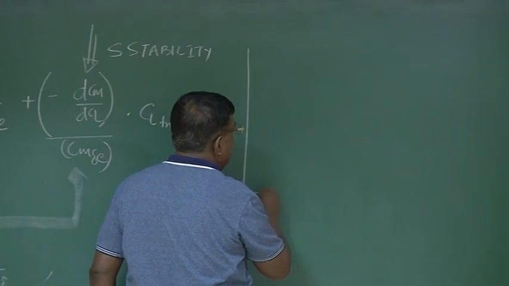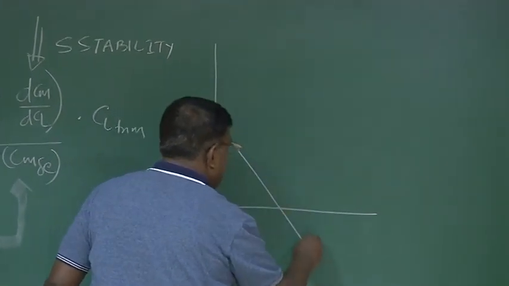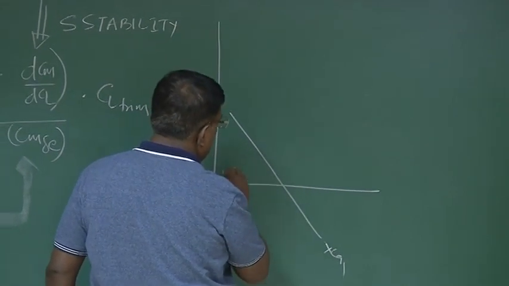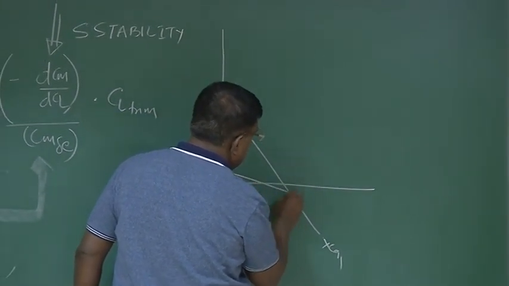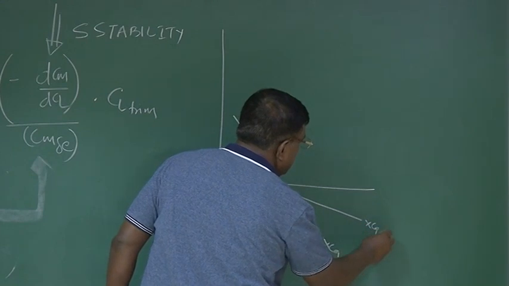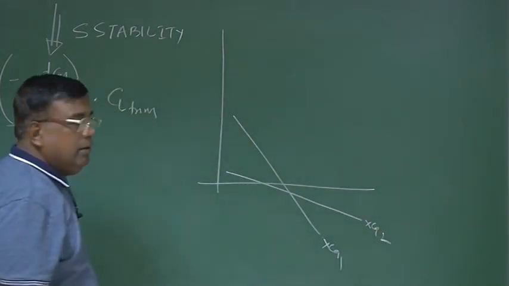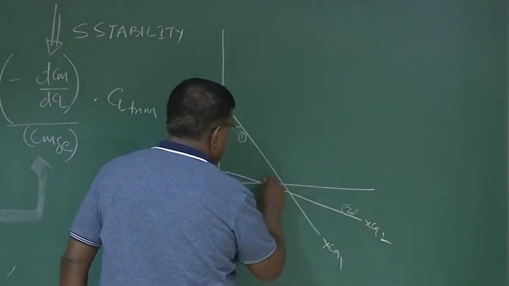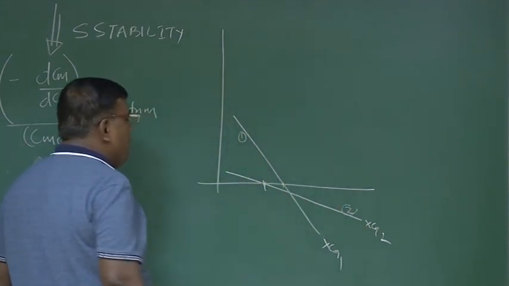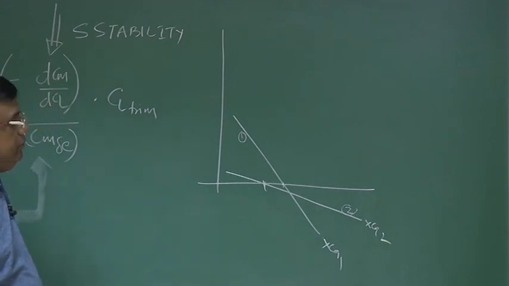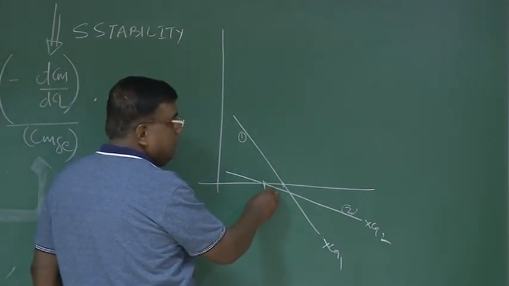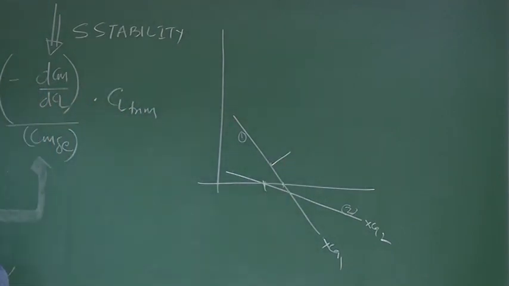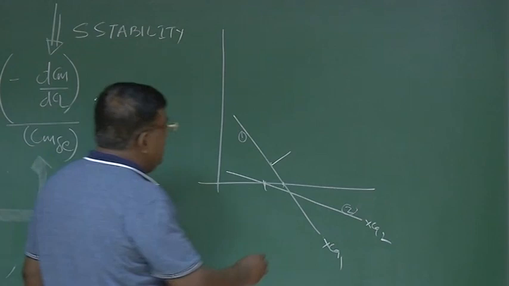Just a few minutes back we did that. Suppose this is the aircraft at xcg 1, and this is the aircraft at xcg 2, which is statically more stable. If I call them 1 and 2, definitely this one has the more negative slope at the trim point.